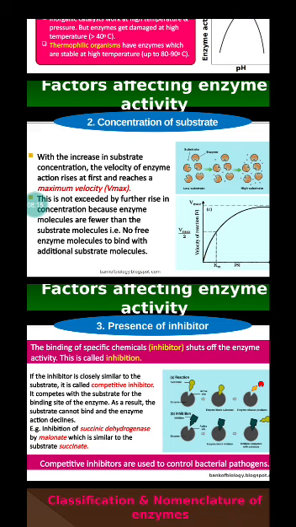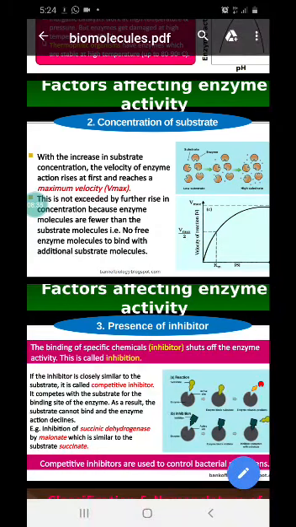For example, there is the enzyme succinic dehydrogenase, which should react with its substrate, malonate. But there is an inhibitor called succinate, which is similar to malonate. So the reaction is inhibited because they look the same, and the enzyme cannot differentiate.